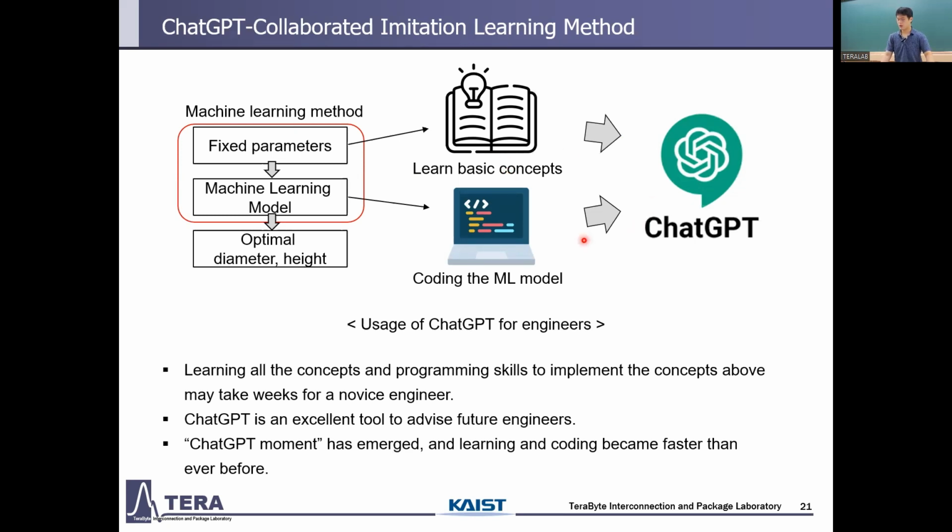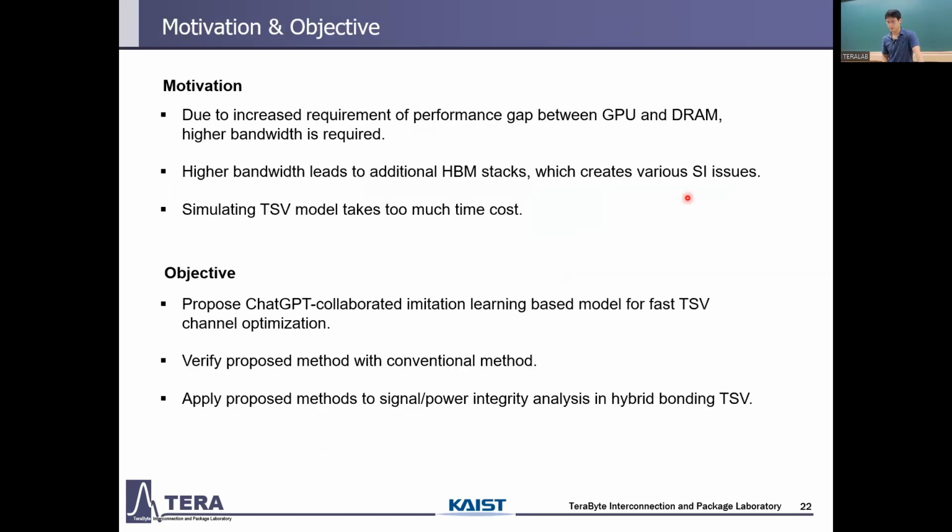And ChatGPT also helps us code the machine learning model, which was not easy for me because I was not really a software guy in my undergrad career. So ChatGPT made every process a lot easier for me.